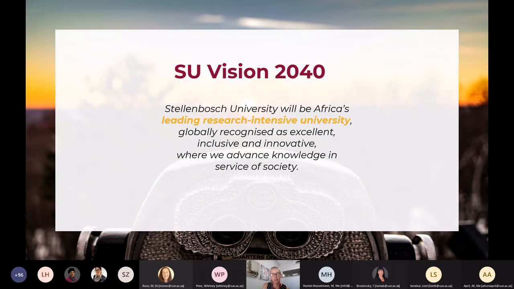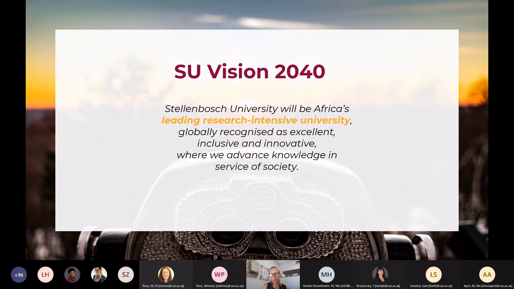But we want to be the leading research-intensive university, and everything that we do in terms of promoting and advancing our research and our research portfolio is aimed at that. We want to be globally recognized as excellent, inclusive, and innovative, where we advance knowledge in the service of society.